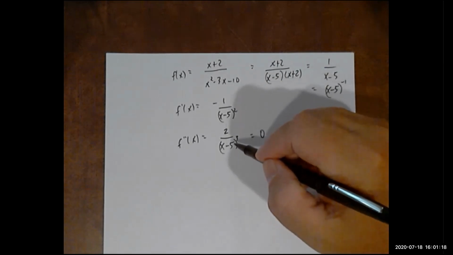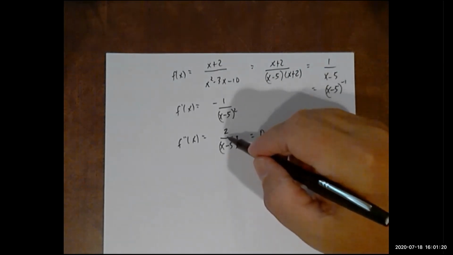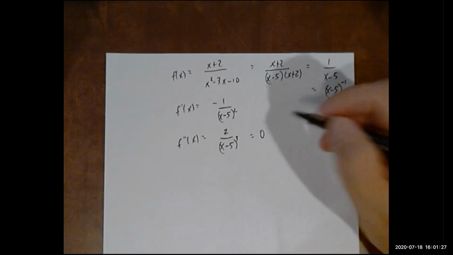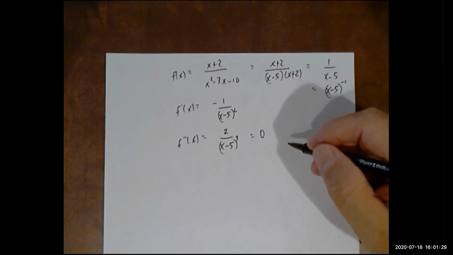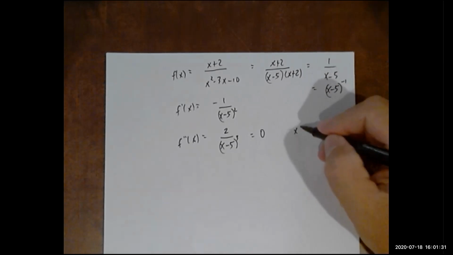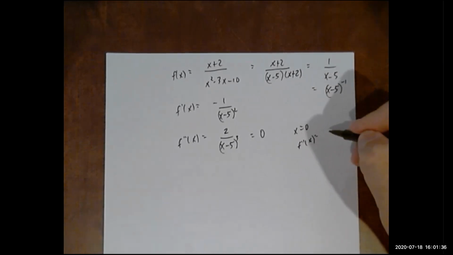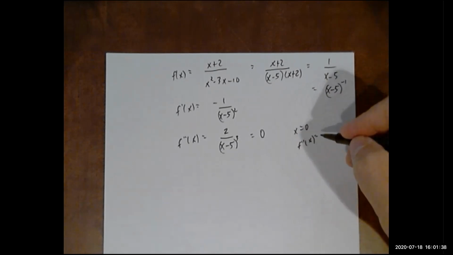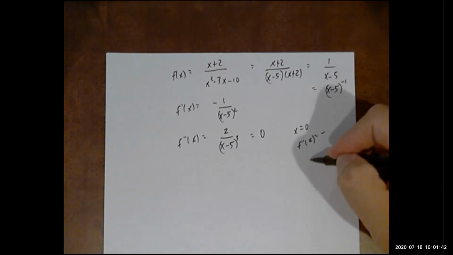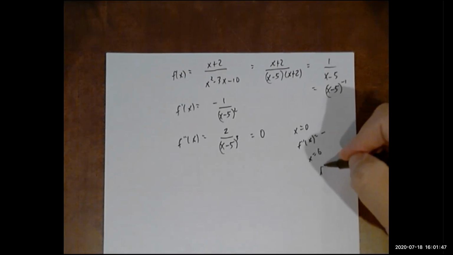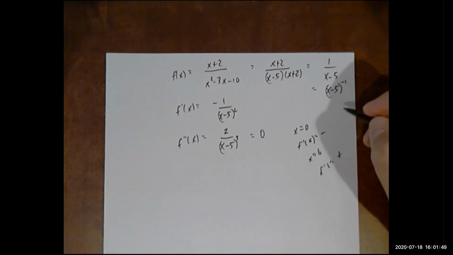But if you think about values of x, when x is like 0, this is like a negative number. But if x is 6, the second derivative is positive.